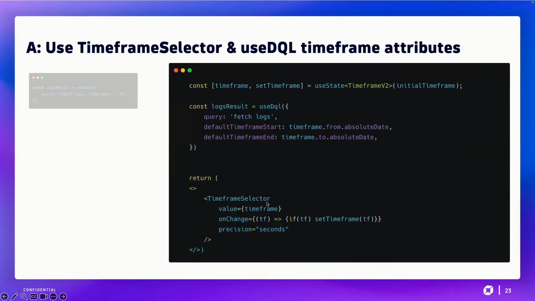So in our timeframe selector component's onChange, if the timeframe is defined, you set the timeframe to the new value, which is in absolute dates already from the timeframe selector. This way you have everything connected: the UI, your state, and the execution in DQL.